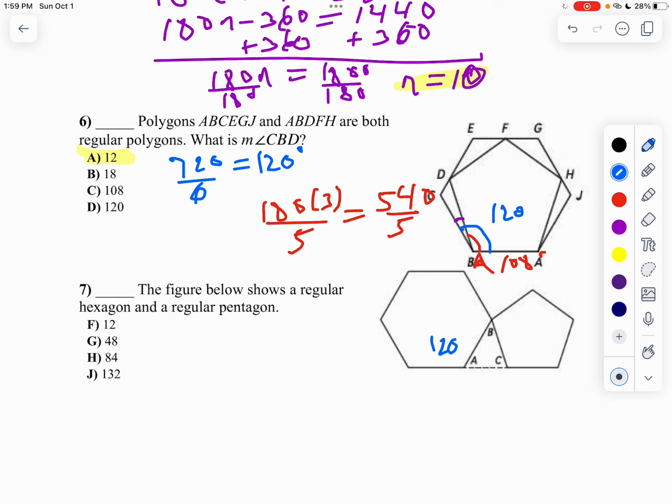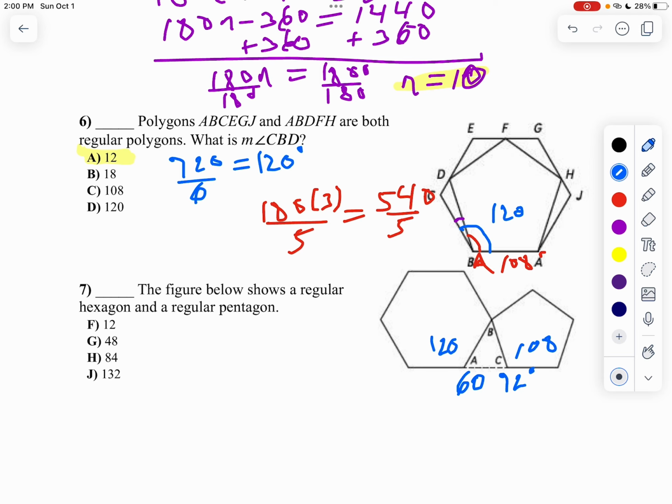We said each angle of our pentagon was 108. So that tells me angle A, since it's exterior, is 60. Angle C, since it's interior, is going to be 180 minus 108, which is 72 degrees, isn't it?